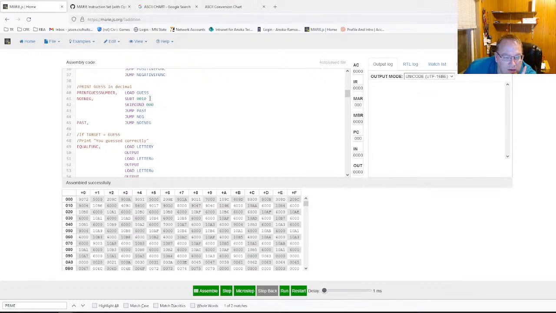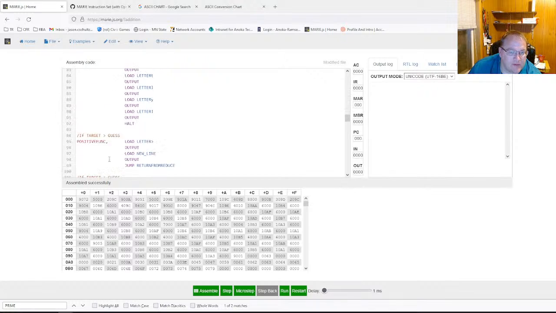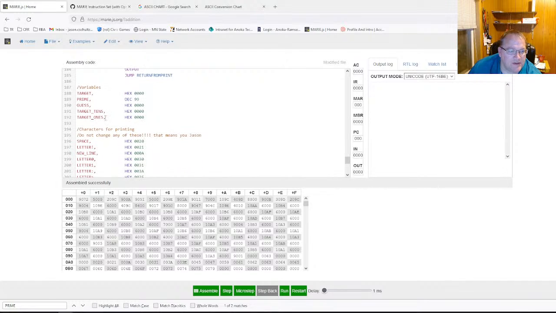However, once I do this, I need to store this. Oops. I need to store, and that's where our variables come in, right? I'm going to store it in target ones.